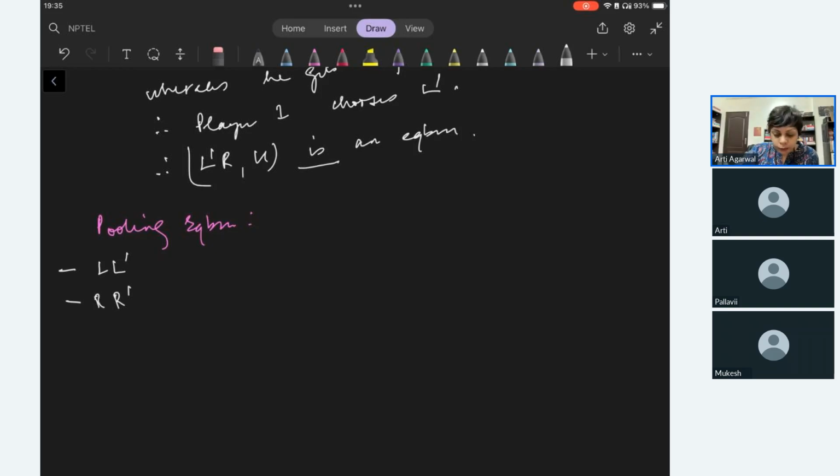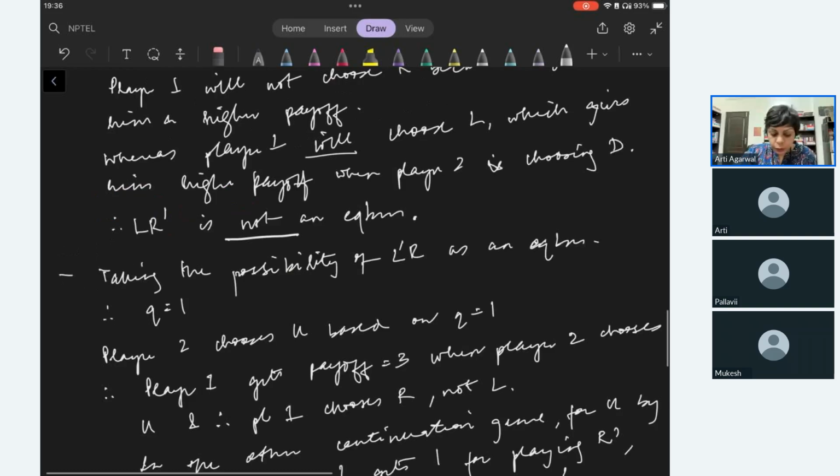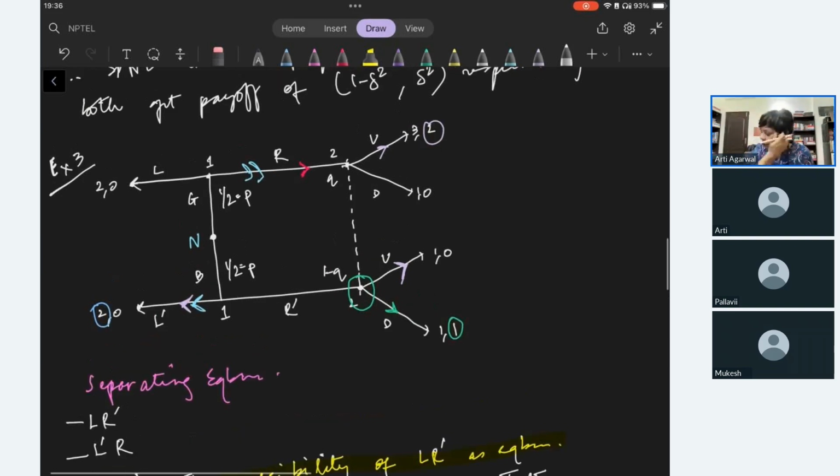So in this case, let's start by first discussing what is actually happening here. Let's take R prime first. We'll come to L L prime. Now in the case of R prime, player 2 does not know which node is reached, right?